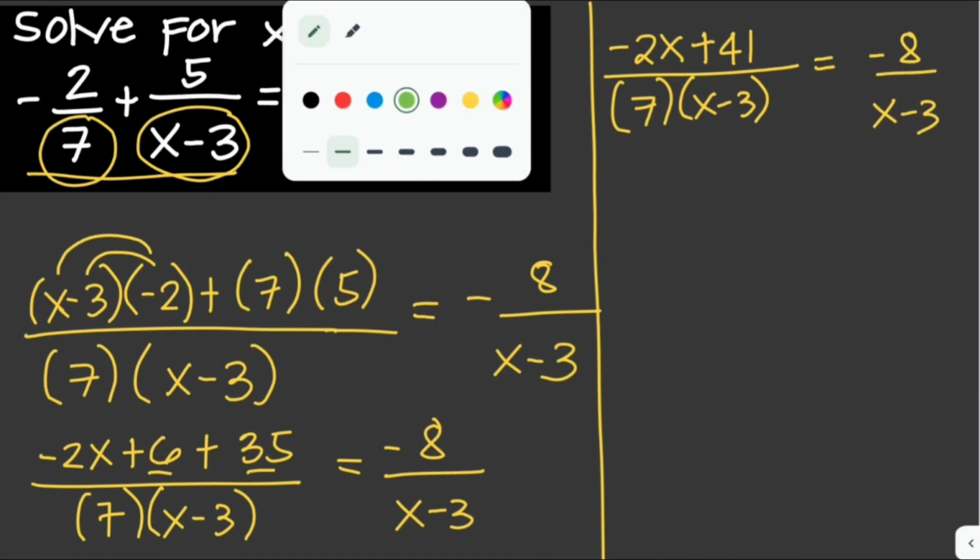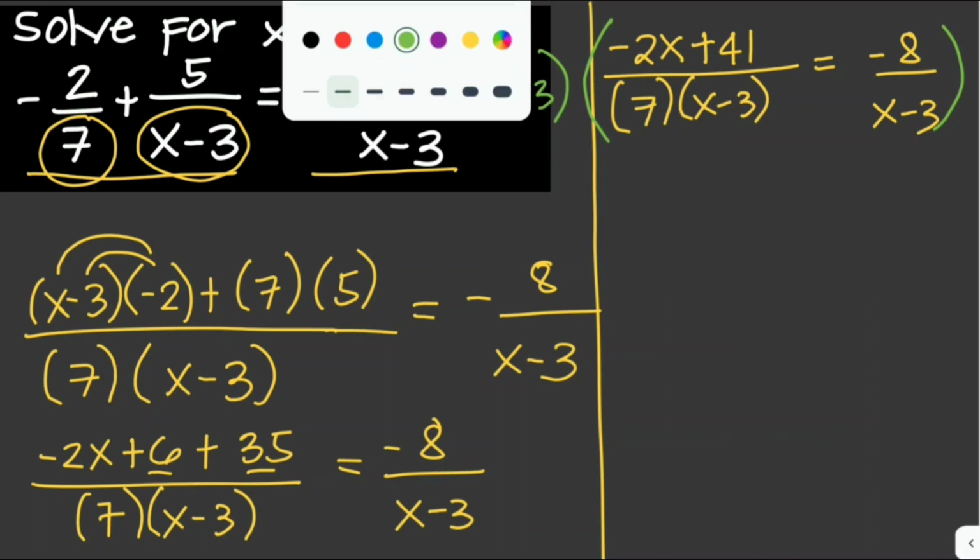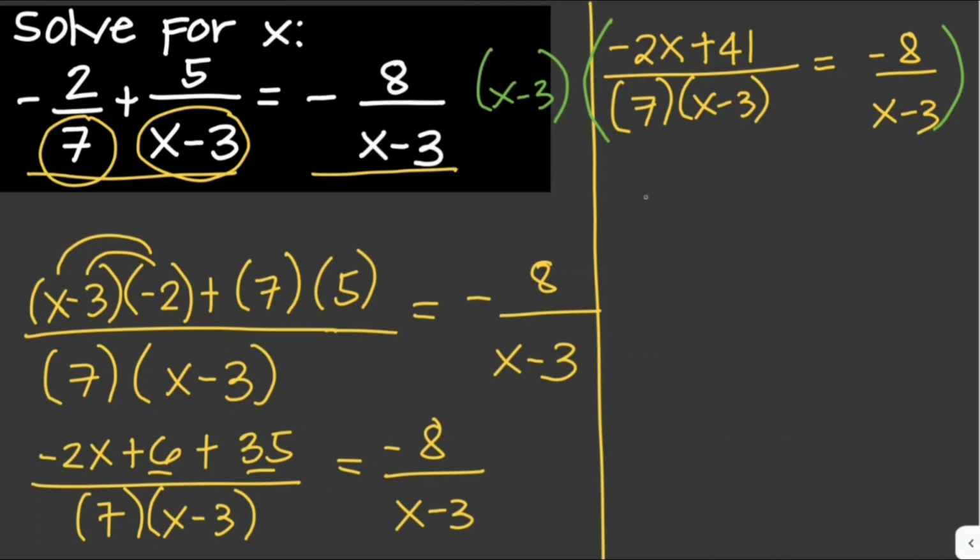And then we can multiply both sides by x minus 3. Okay, then we are left with negative 2x plus 41 over 7 equals negative 8.